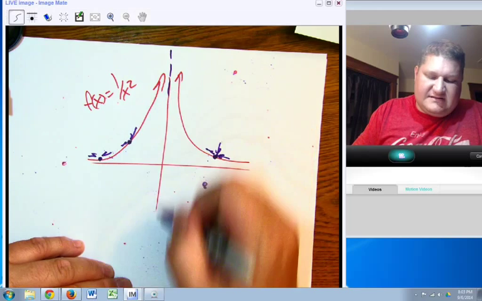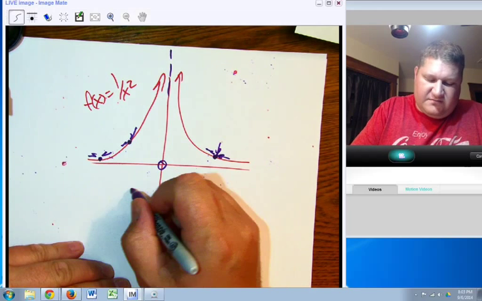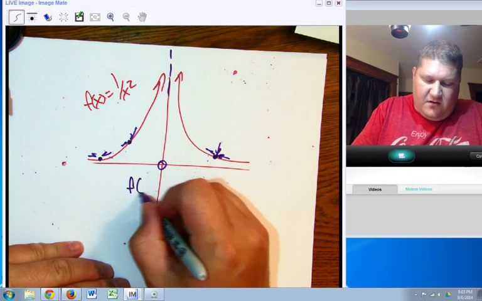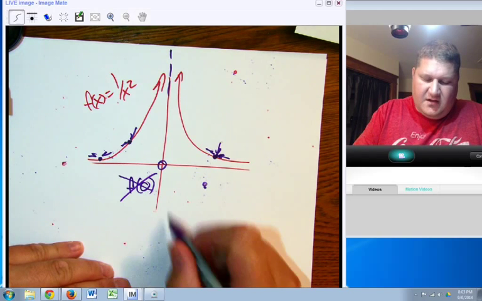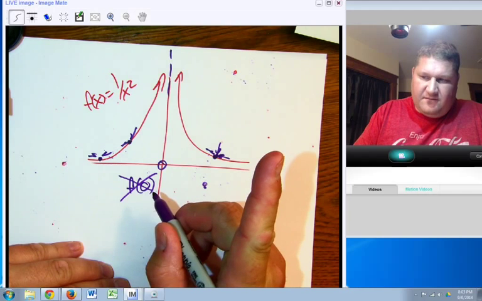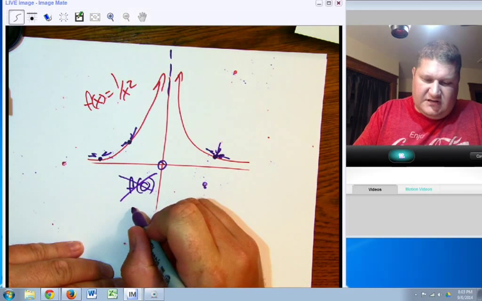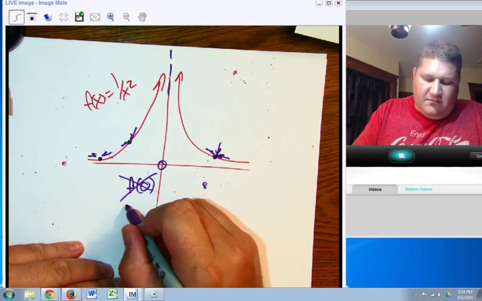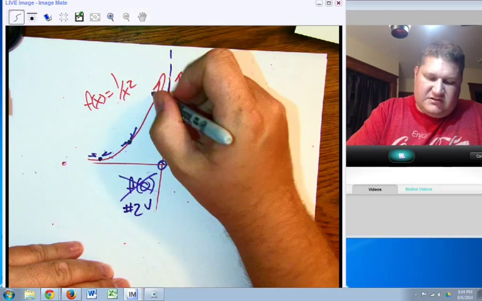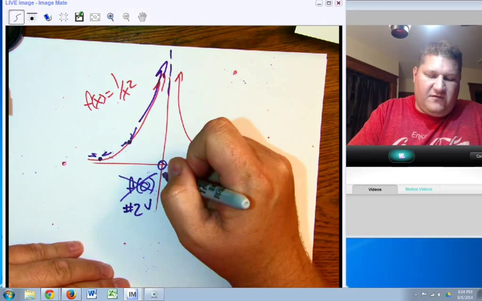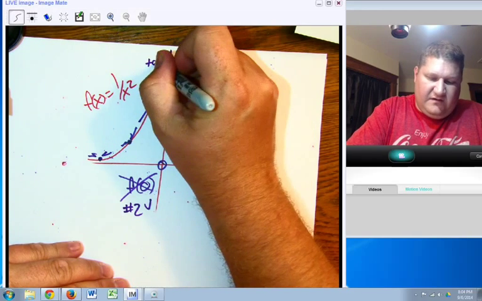However, at 0, we have a small problem. First of all, f of 0 does not exist. But interestingly enough, number 2 checks out. Where do you seem to be going from this side? Positive infinity.